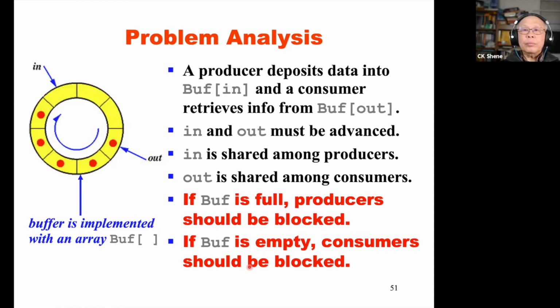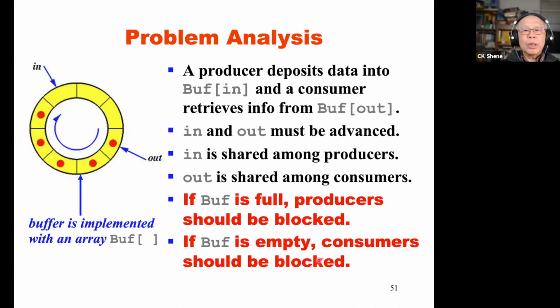So in this case, a consumer has to be blocked if the buffer is empty until the buffer is not empty. So examine these two boundary conditions again. Remember, if the buffer is full, no producer can deposit. And if the buffer is empty, no consumer is allowed to retrieve.